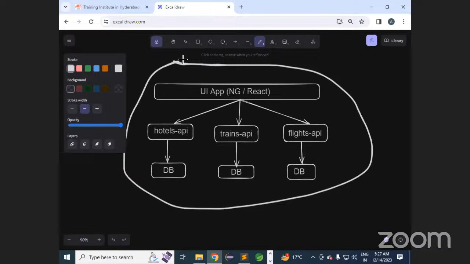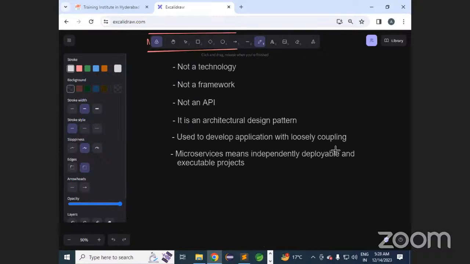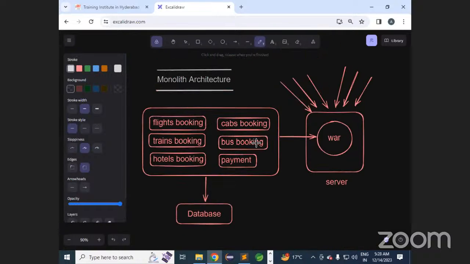Got my point? Right. So what is the difference between monolithic application and microservices application? Monolithic application means everything is developed in one project that is deployed in one server.